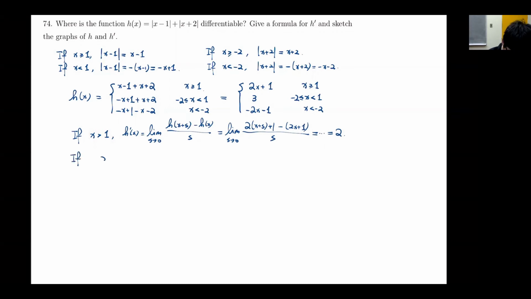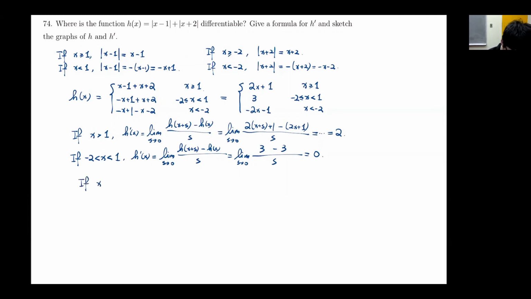So when x is between minus 2 and 1, in this case h prime of x is going to be the limit as s approaches 0 of, again, h of x plus s minus h of x. But in this region the function is constant. So then this will give me 3 minus 3 divided by s, and the answer will be 0. Okay, so we know that h prime of x equals 0 when x is sitting between minus 2 and 1.